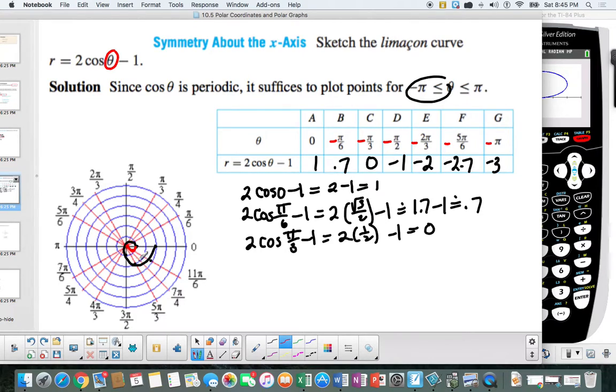And then at negative pi halves, it's going to be negative 1, which is right here. And at negative 2 pi thirds, which is right here, is going to be negative 2, 1, 2. And at negative 5 pi 6, and then it's going to be 1, 2, 2.7. And then at negative pi right here, then it's going to be negative 3. All right, and that's that Limacon that we had seen before.